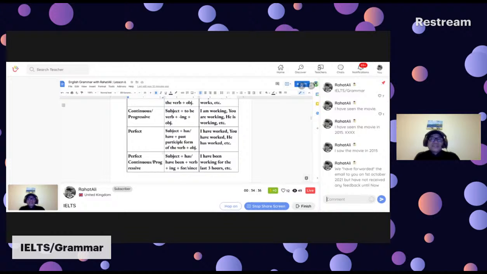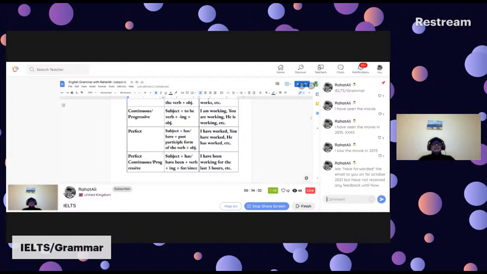In the first part, the signal word is October 2021, but today is, say, 13th November, right? So October 21 is already past, the past tense. If you ever find this type of sentence, it is grammatically incorrect.